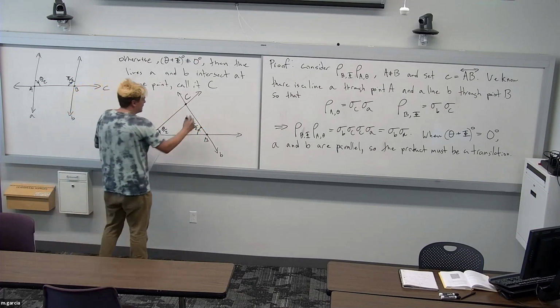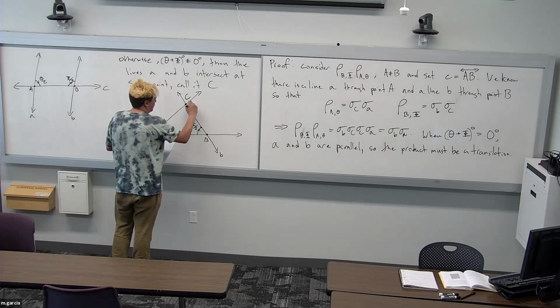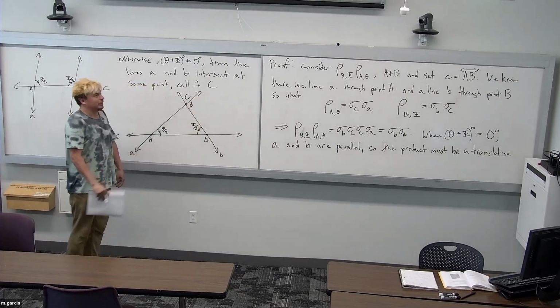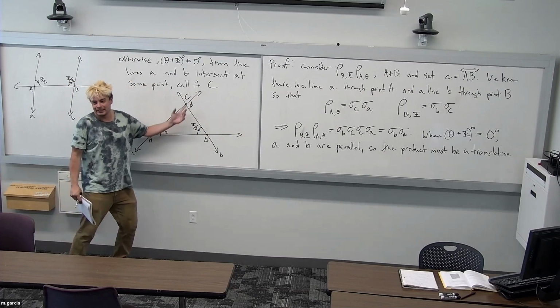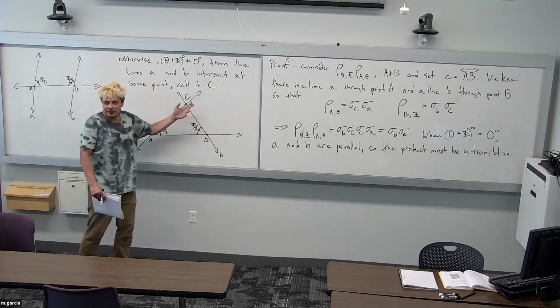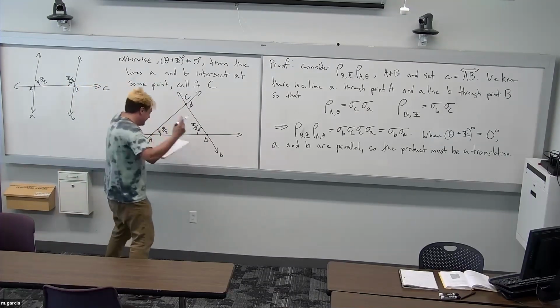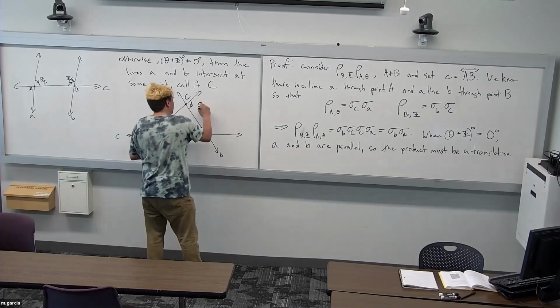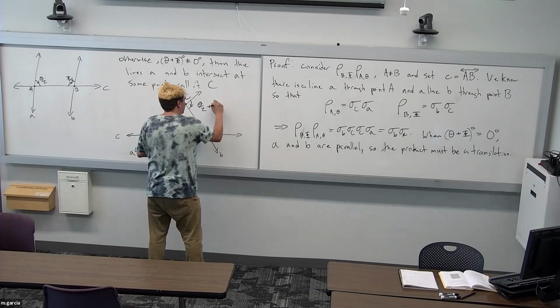Okay, and then remember, either use a triangle and subtract 180, or remember the exterior angle theorem, same thing. This is theta over 2 plus phi over 2.